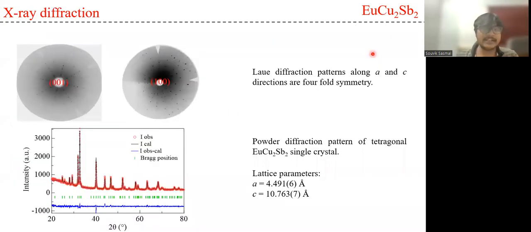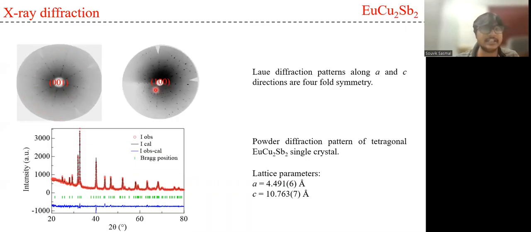Now, we have to check the quality of the grown material. First we check whether the grown sample is a single crystal or not. By doing a diffraction pattern, we can see the crystallographic axis along the C axis or A axis.